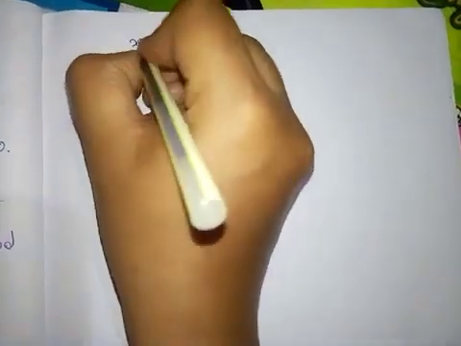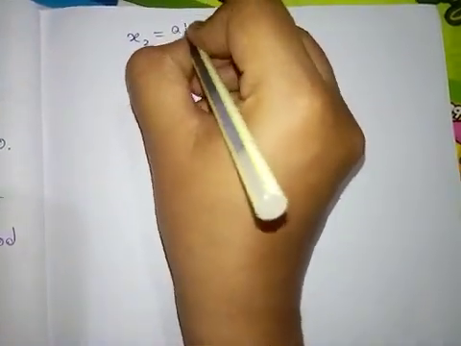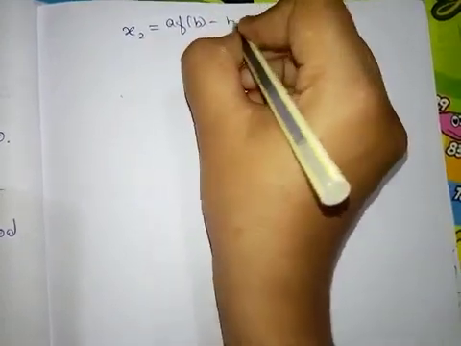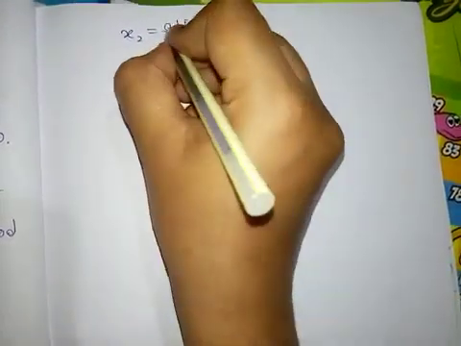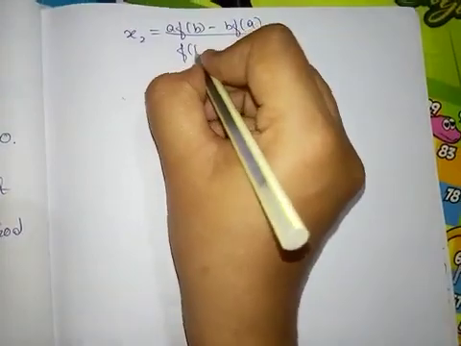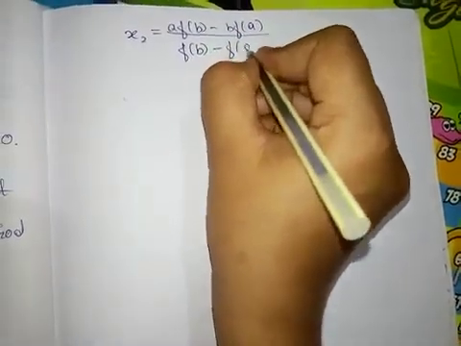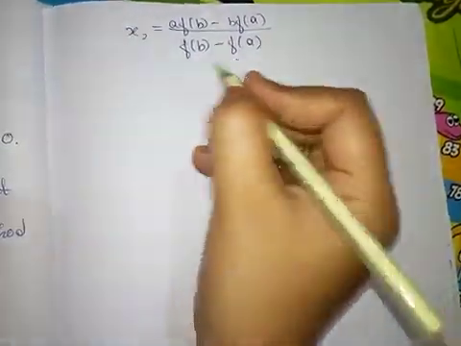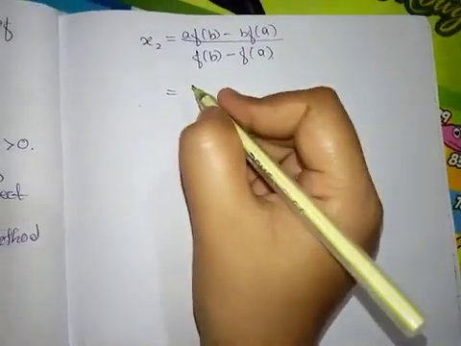x2 is equal to, write the formula, a into f of b minus b into f of a divided by f of b minus f of a, which is equal to, here the a value is what?